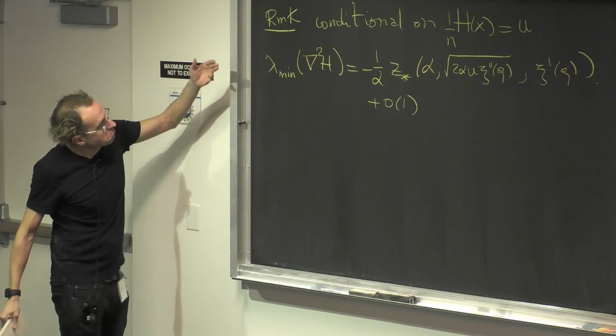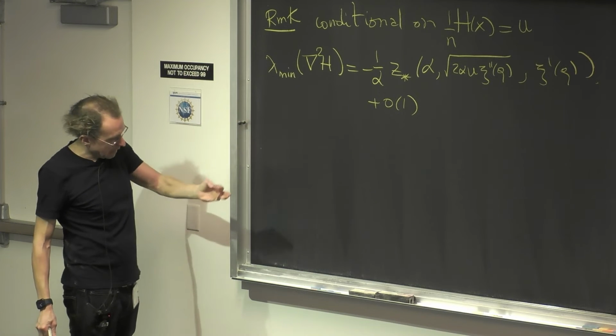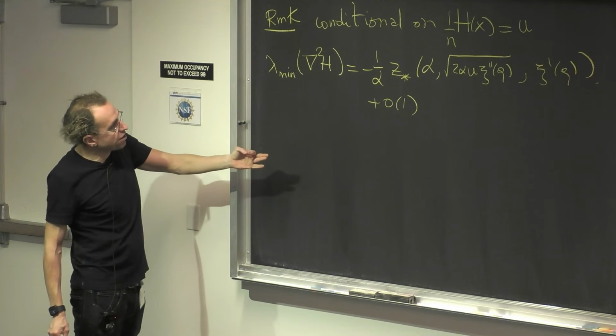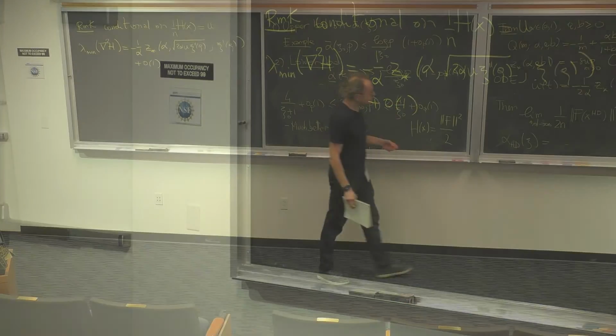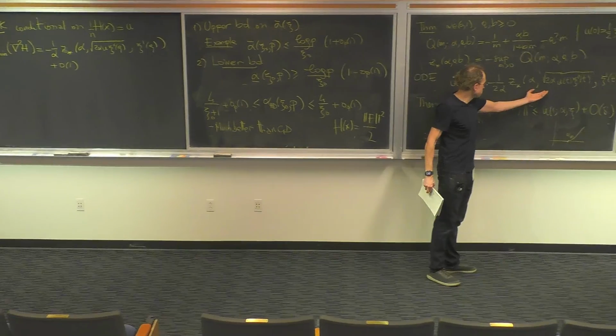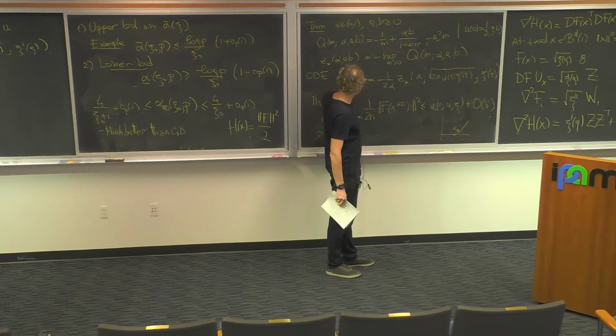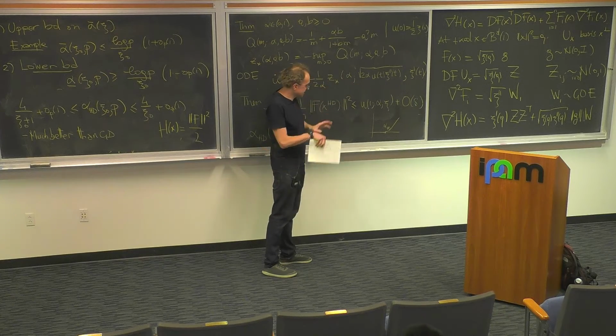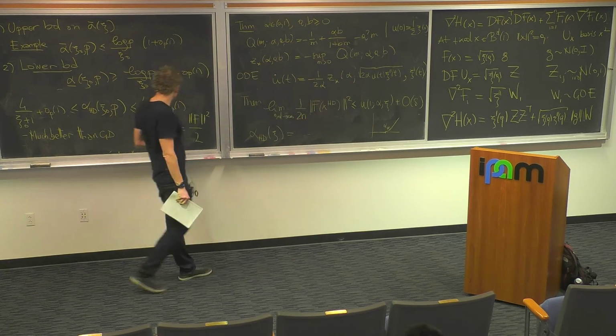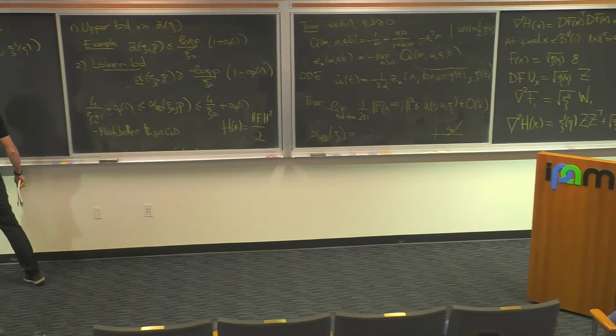So if you fix a point, and you know that this point has energy U, the minimum eigenvalue is exactly the form that I brought here on the ODE. So the meaning of the ODE is simply that the energy decreases by the amount given by the minimum eigenvalue, which is clear.